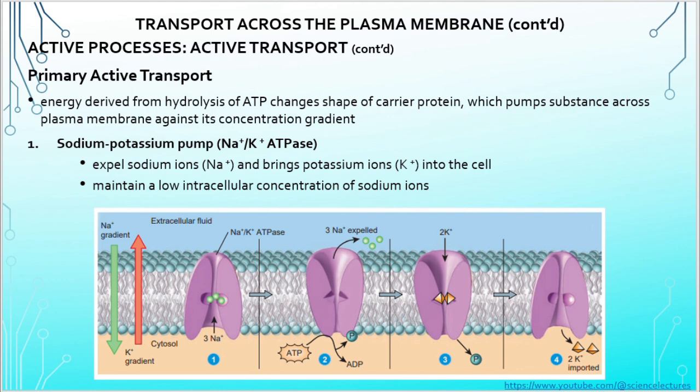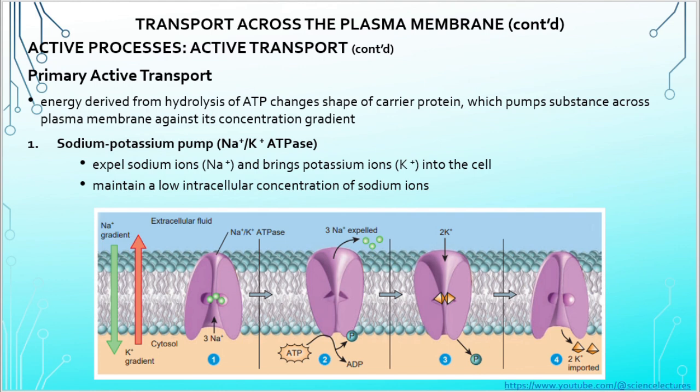As a result, by the way, carrier proteins that mediate primary active transport are often called pumps. A typical body cell spends about 40% of the ATP it generates on primary active transport. And chemicals that turn off ATP production, for example, the poison cyanide, are very dangerous because they shut down active transport in cells throughout the body.